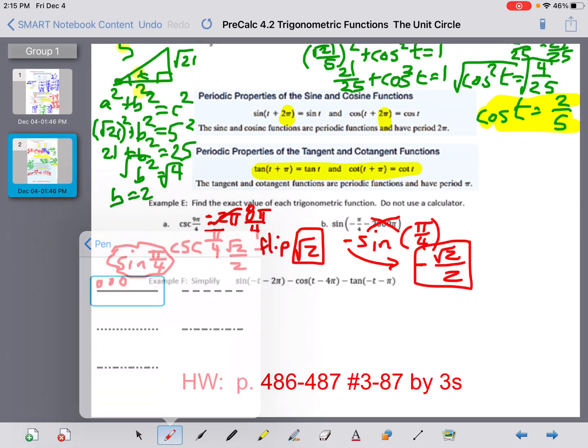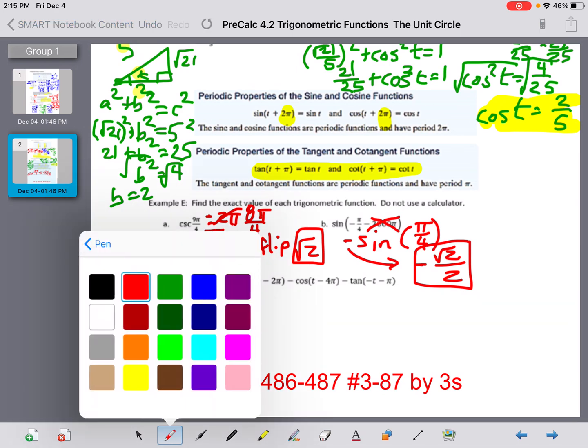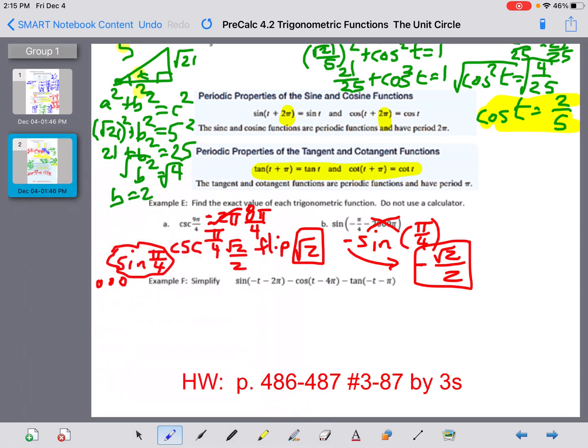All right, last one. Maybe trying to prove a point more than anything here, the periodic moment. As long as sine or cosine are in increments of 2 pi, it doesn't matter. So on this first one, I don't care about this minus 2 pi because sine repeats every 2 pi. My negative does matter on a sine because sine is odd, so I get negative sine of t.